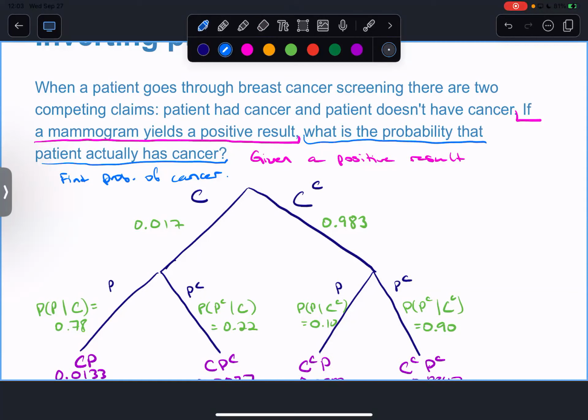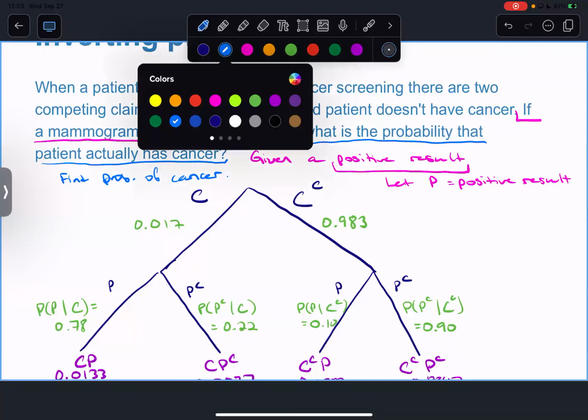In terms of probability notation, what does that look like? Again, let P be a positive result. Oops, I'll use a capital P. Using the same notation, obviously. Otherwise, what a mess.